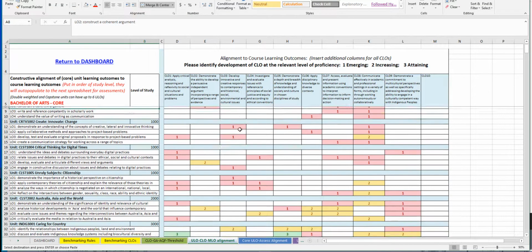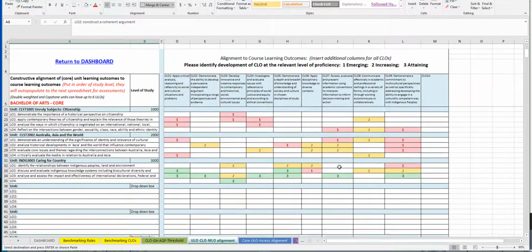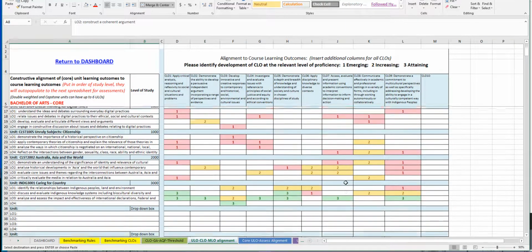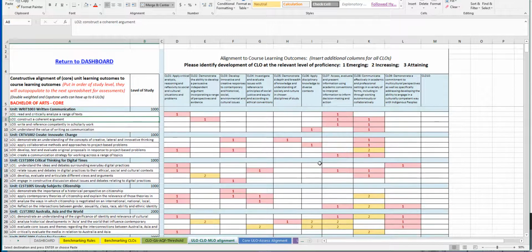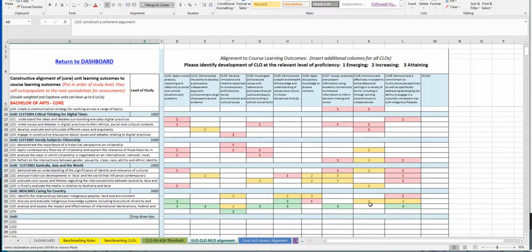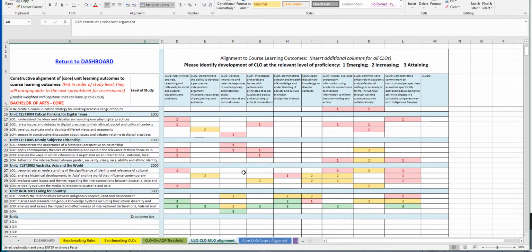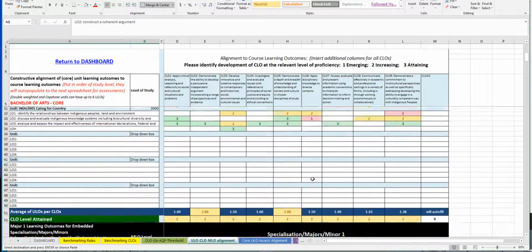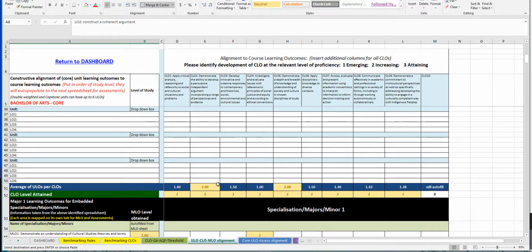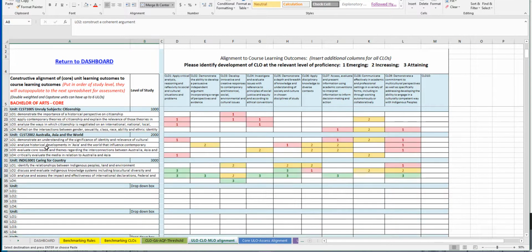You can see, you're just going to scroll down. And you can see here that we're missing some of those 3s. This only has a 1, a couple of 2s, and a 3. But we know that this actually has majors that they have to do on top of the core.